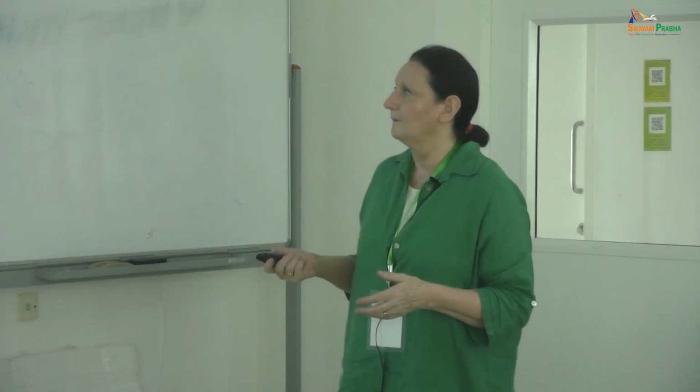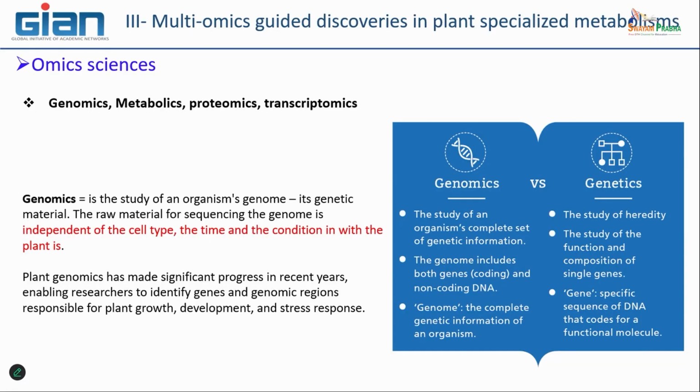Genomics is the study of an organism's complete set of genetic information, while genetics is more dedicated to the study of heredity, so how some genes or some alleles of a gene are transmitted from parents to child, for example. So it can be interesting because the genome is a complex genetic information, while genetics is focused on specific genes and specific sequences of DNA.